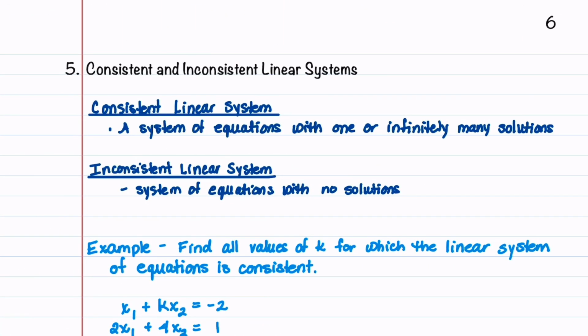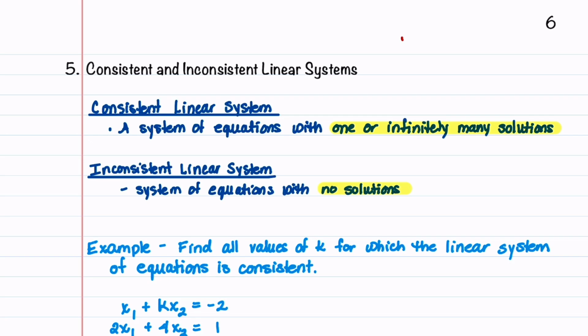Let's now talk about consistent and inconsistent linear systems. A consistent linear system is a system of equations with one or infinitely many solutions. An inconsistent system is a system of equations with no solutions. Let's kind of outline this in a bit of a flow chart.